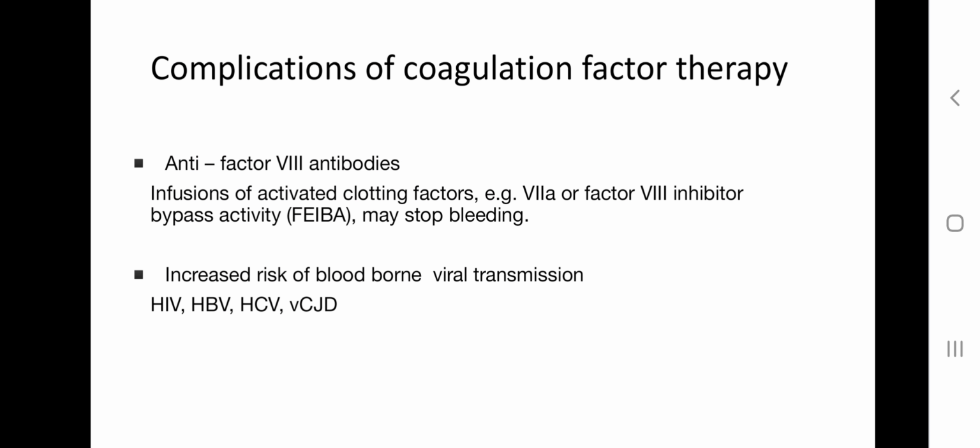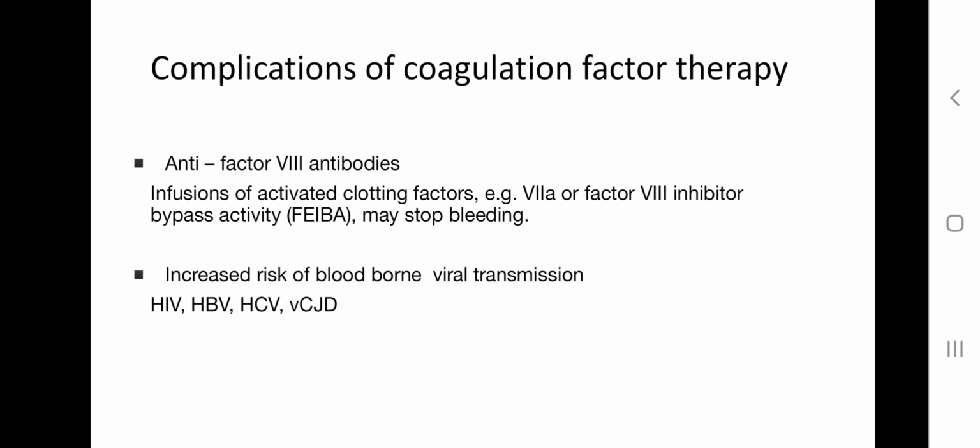Now, complications due to bleeding can occur in patients with hemophilia. Also, there are complications due to coagulation factor therapy. One dreaded complication is anti-factor VIII antibodies. When you are supplementing factor VIII from outside intravenously, recurrent infusions can result in the formation of antibodies against this factor VIII. Thus, the factor VIII that you give becomes ineffective.